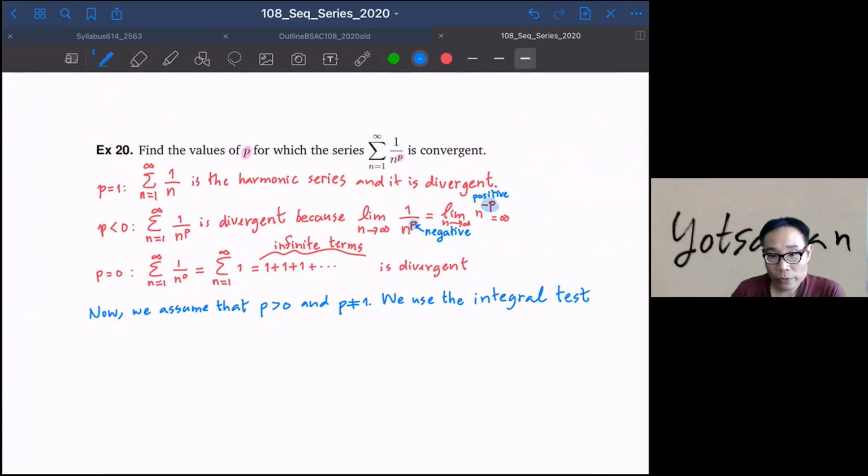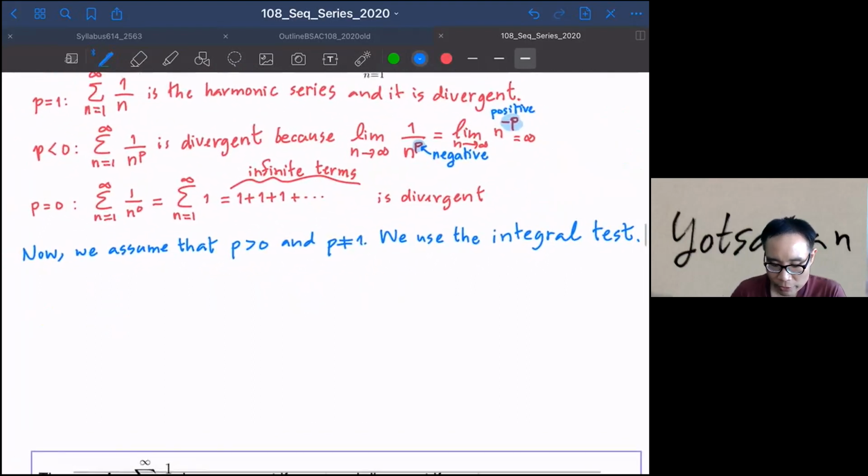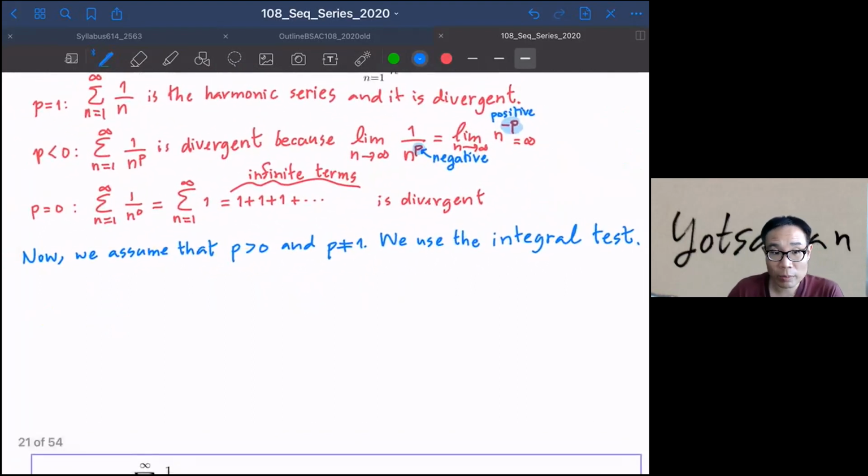In order to apply the integral test, we must check number 1, number 2, and number 3. Number 1, we know that an equals 1 over n to the p, always positive. It is very clear because the bottom here is positive.